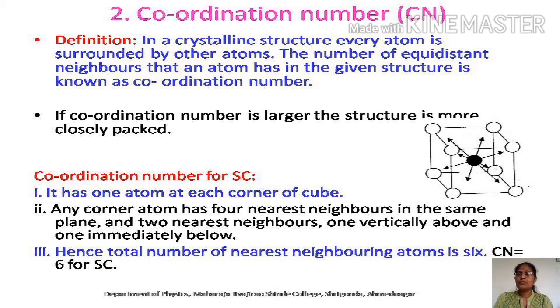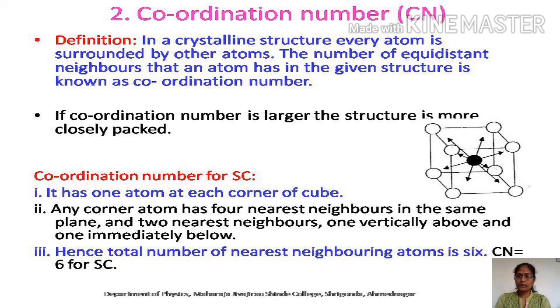In a crystal plane there will be 4 such corner atoms in the plane of the given corner atom, and there will be one corner atom located above and one located below the considered corner atom.